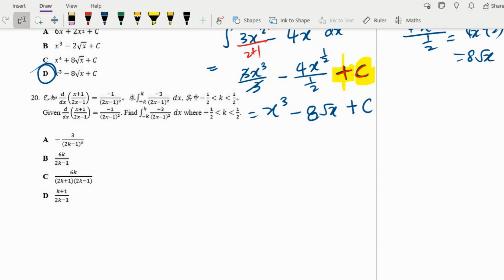So you can actually differentiate it, but why don't we make use of what we have here?